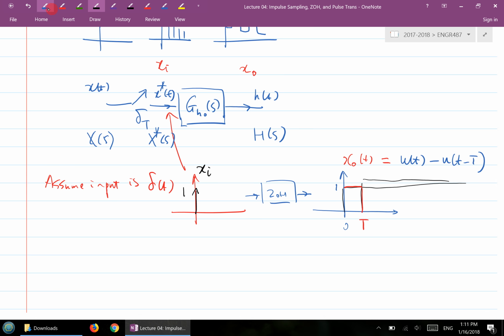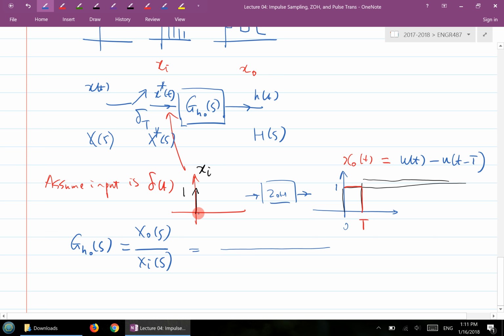Then I can derive my transfer function by looking at the ratio between the output signal and the input signal. That's how you derive a Laplace transfer function. The input is easy, that's just a Dirac delta, whose Laplace transform is 1.